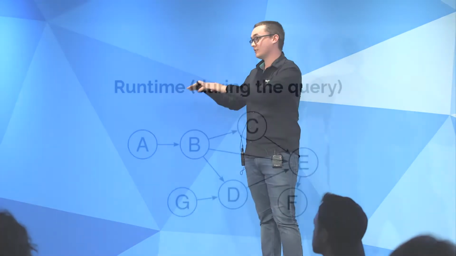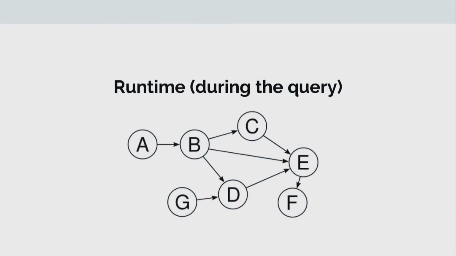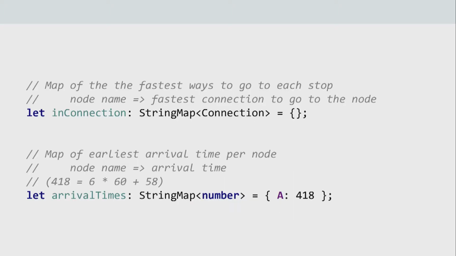So you will compute at the same time every shortest path from A to B, from A to C, from A to E, from A to F, etc. You compute this in one single loop, and then, knowing where you want to go, you backtrack this list to find how to go to this specific point the quickest way. So the first thing you have to store is the list of the quickest connections to every node.